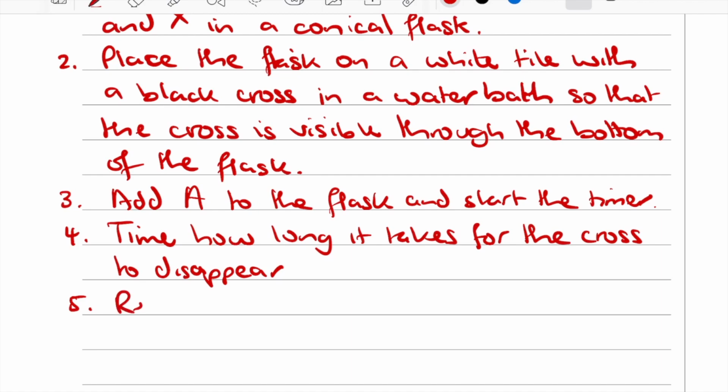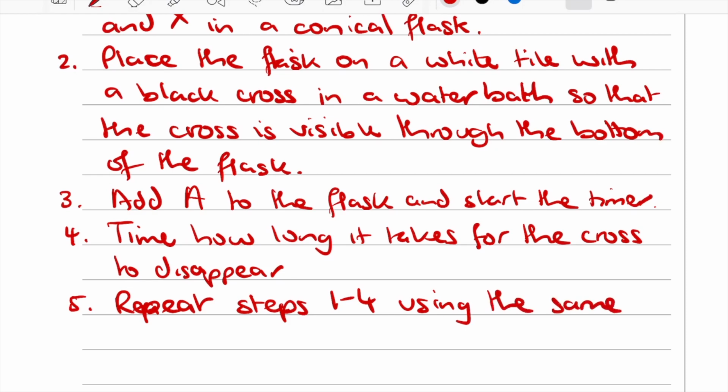So we're repeating steps 1 to 4. Using numbers here has been useful because I can just make that clear. Using the same volumes of B, C, and X, and different concentrations.